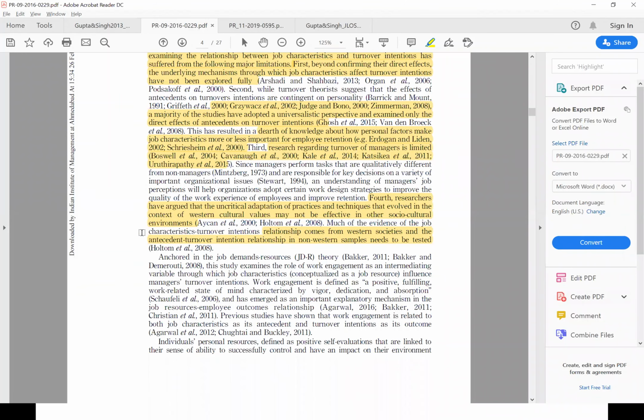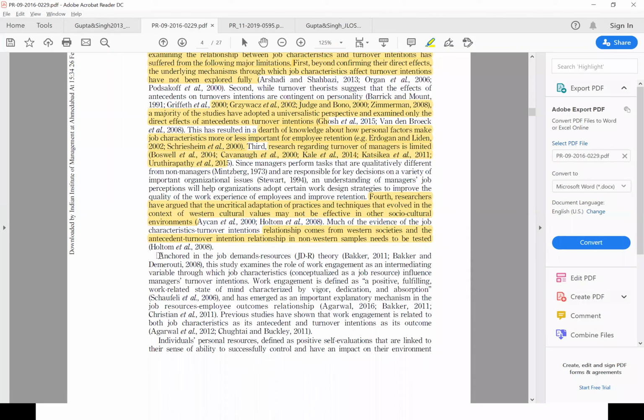And then if you look at this next, we talk about being anchored in the job demands-resources theory. This study examines the role of work engagement as an intermediating variable through which job characteristics influence managerial turnover intentions, right?